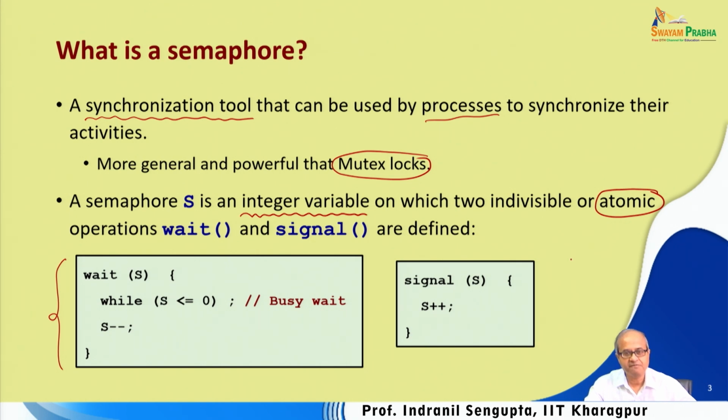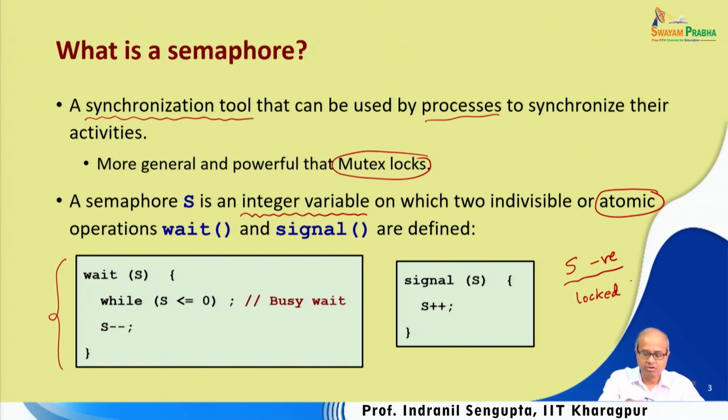So, the convention that you are following is that if the value of the semaphore variable is negative, it means that the resource that we are considering is locked. That means we have locked something. But if the value of S is positive, greater than 0, then it is unlocked.